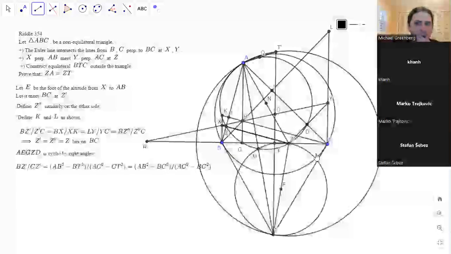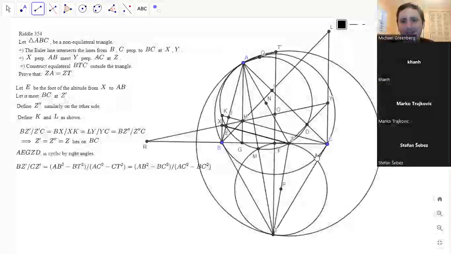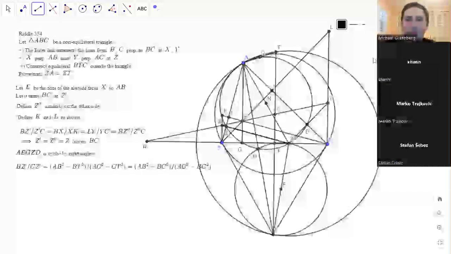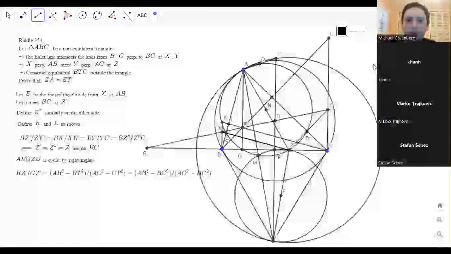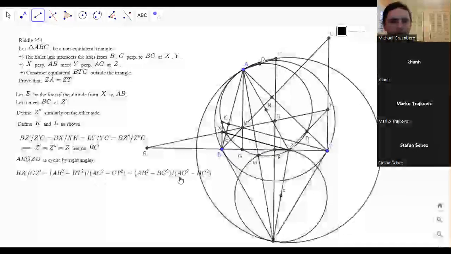Is there no way of doing this without a bash? A complex bash should work. You have a very neat point H in the complex bash, and you have to really bash it to get the point R. So we're trying to calculate BGRC and show it's equal to this.